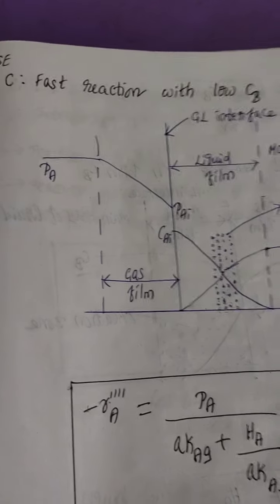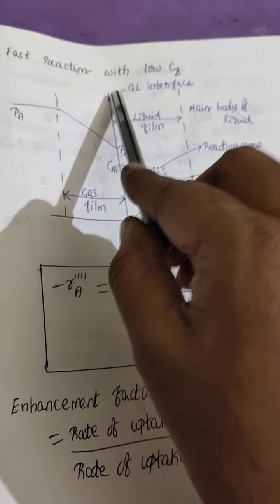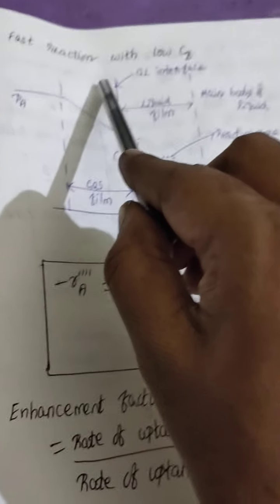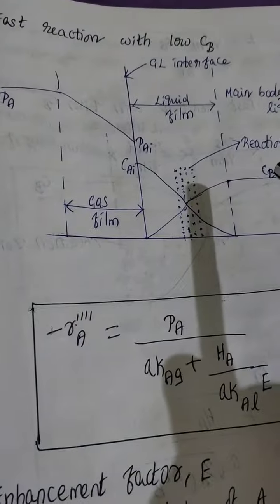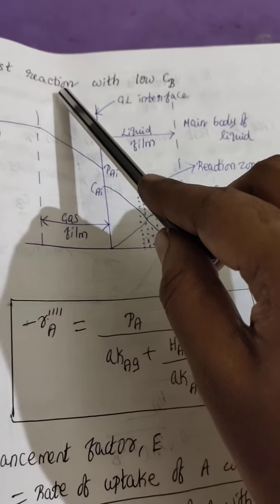Next we are going to see case C, which is going to be fast reaction with low Cb. So this is going to be a fast reaction, but it is slower than an instantaneous reaction. But still it is fast, just a little bit slower than instantaneous reaction.